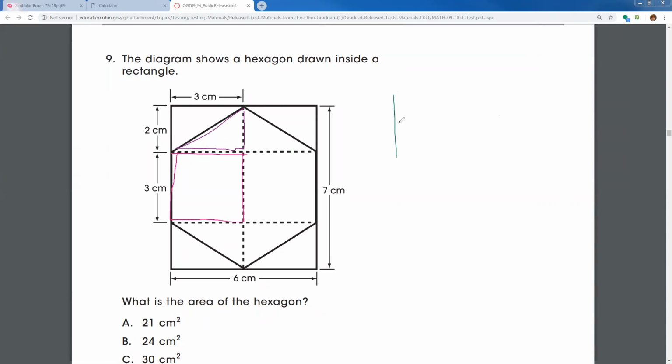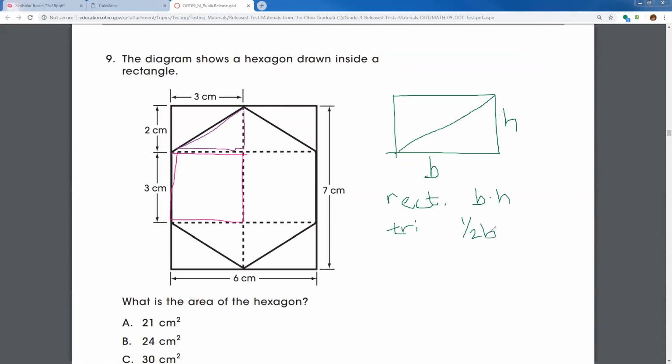So a rectangle is base times height. That would give you the entire space inside a rectangle. If we cut our rectangle in half, that's where you get your triangle from. So a rectangle is just base times height, and a triangle is half of that, 1/2 base times height.